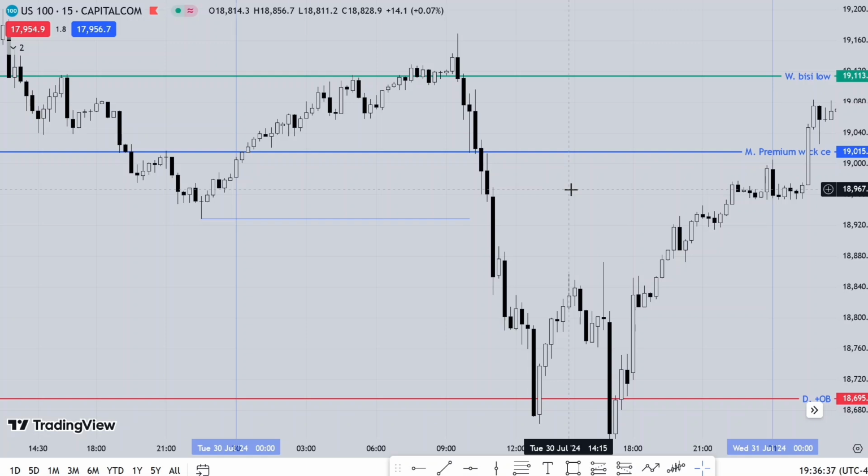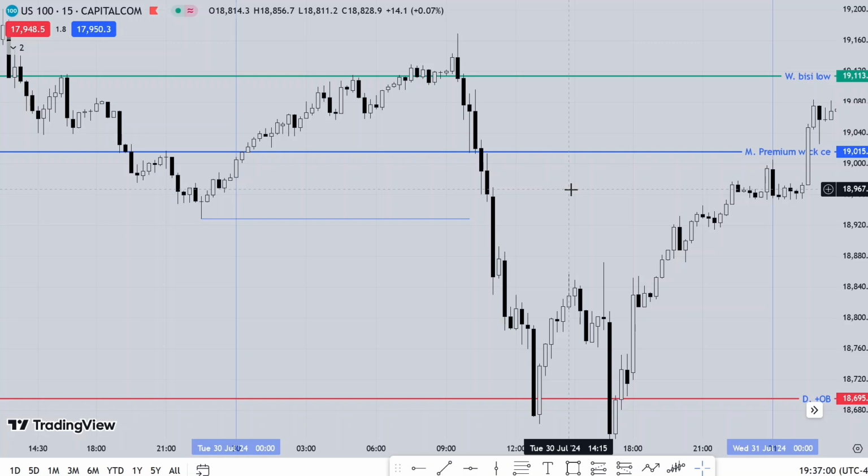you want to write this in your journal, if you're not journaling, by the way. So if price is at a higher time frame, for example a monthly key level, where it goes next to is a weekly key level. If it's at a weekly key level, where it goes next is a daily key level, like that.